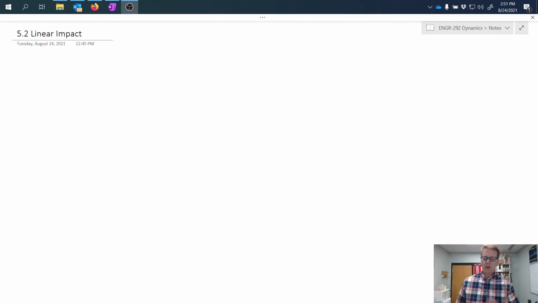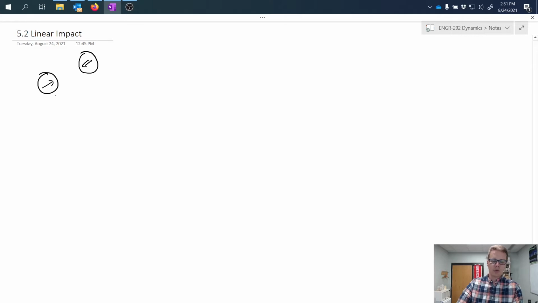So we need to start thinking about, well, what does it mean to interpret an impact? And when I talk about impact, I'm talking about two objects, and they each have their own velocities, and they're moving towards each other.